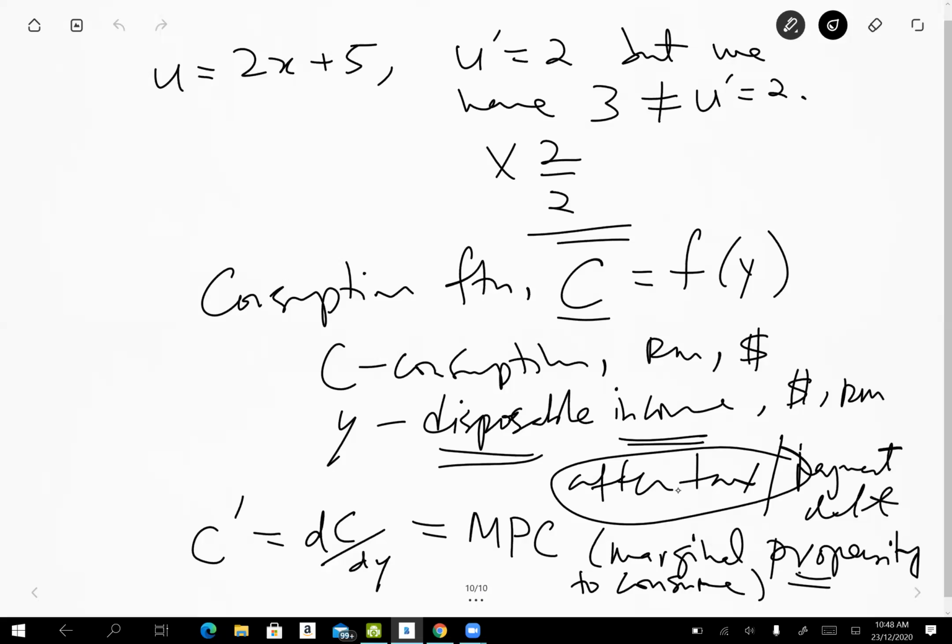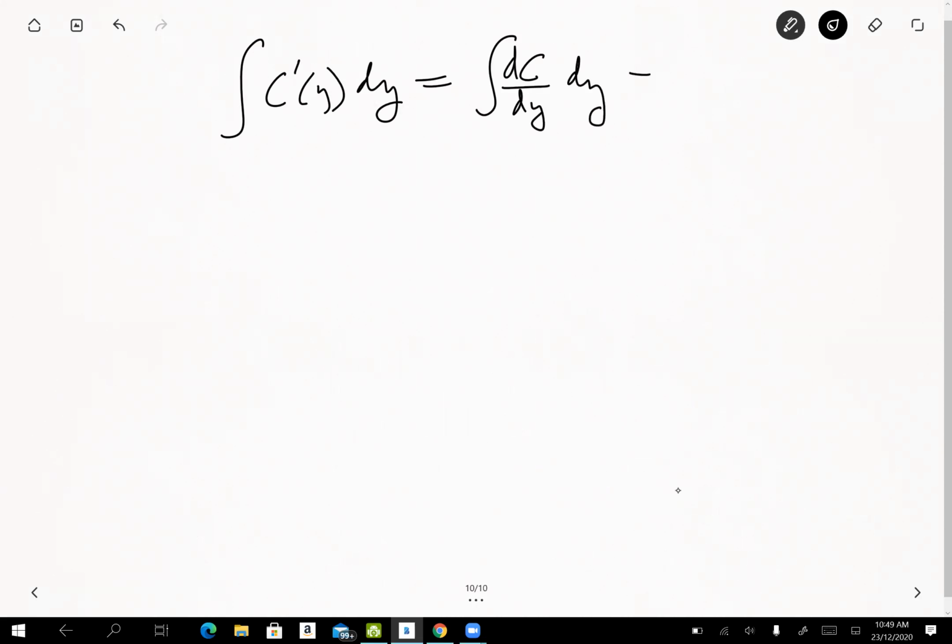So you want to find consumption, I integrate C prime y dy, or integrate dc dy, then I get the consumption function. Of course, plus the k. But sometimes, you know, you don't need the k because the k will be built in, right? So we just put here consumption.